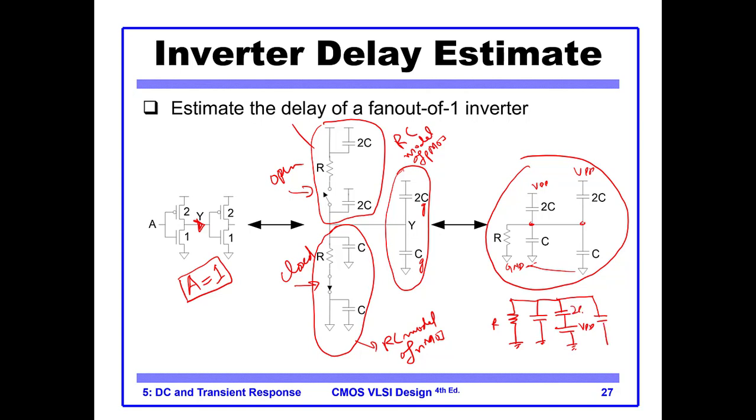So this is 2C, this is C, this is C, and this is 2C. All of them are in parallel, and you know that when capacitors are in parallel you have to add them. So our delay is 6 RC. So you see, we can very easily estimate the delay from the RC model.